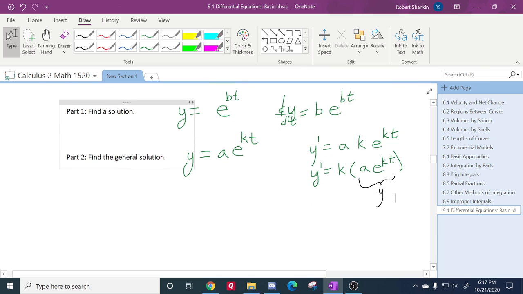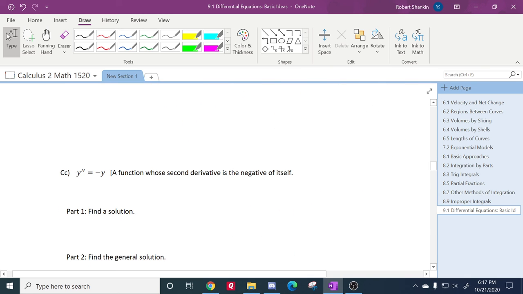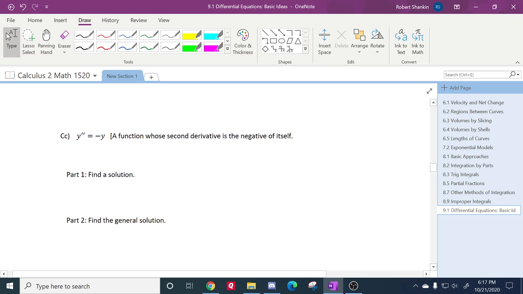All right, let's go to C. I'm going to ask for a solution and a general solution. Now we're looking for a function whose second derivative is the negative of itself.